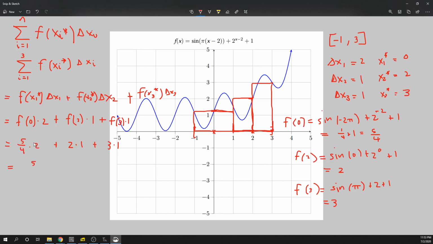Multiplying that, I will get 5 halves plus 2 plus 3. So I get 5 plus 5 halves. That comes out to be 15 halves, which as a decimal is 7.5, right? So that looks really good, right? That is what our eyes are telling us here. So this is how you would use the approximation formula to calculate that out.